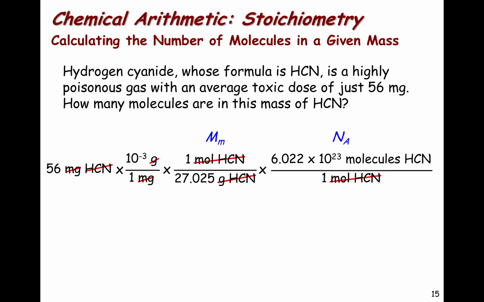And then we have times 10 to the 23rd. So I'm expecting something that'll be about 12 times 10 to the 20th. And so in fact that is the same as 1.2 times 10 to the 21st.